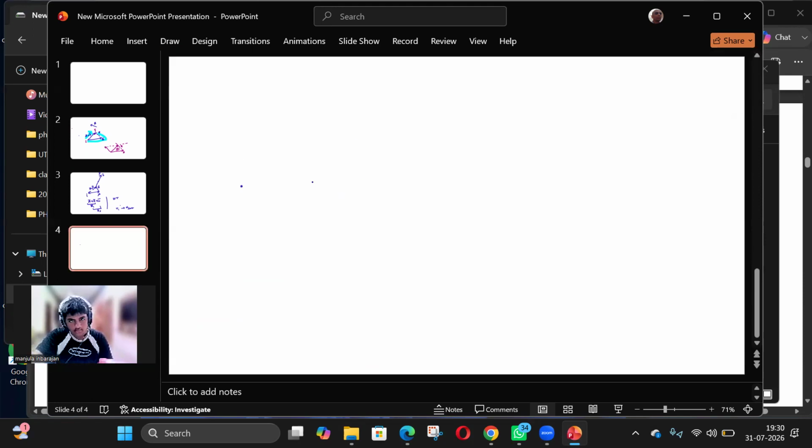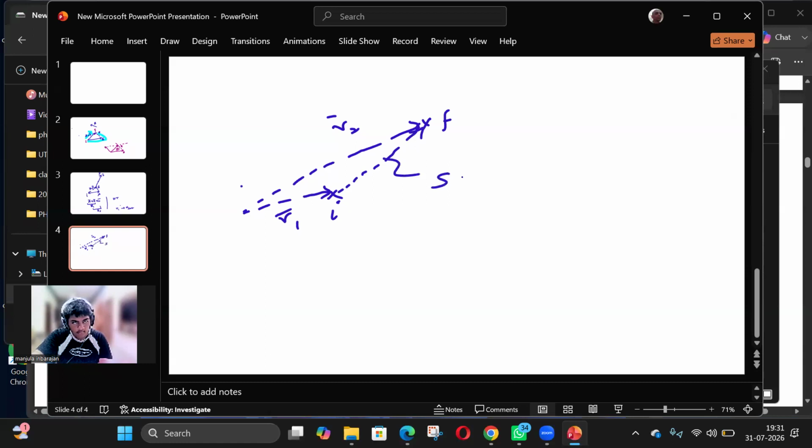Starting from some initial point to the final point. Suppose the position vector of the initial point is R1, and the position vector of the final point is R2. So the displacement is from the initial point joined to the final point. The displacement between the initial point and the final point is the final position vector minus the initial position vector.